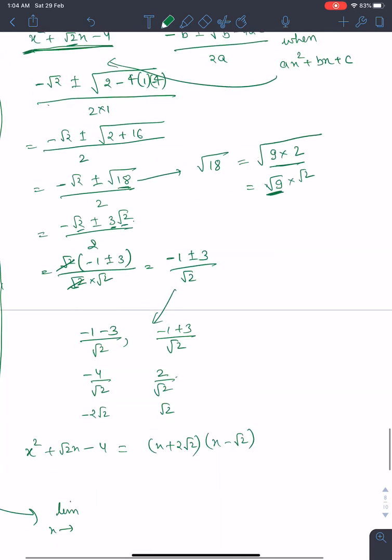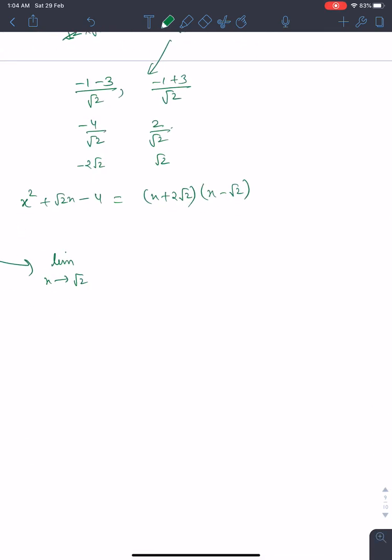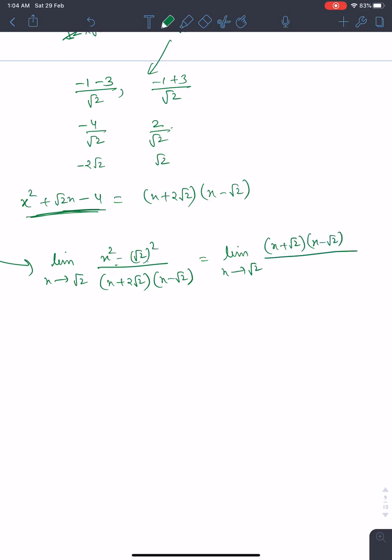Okay, so limit x tends to root 2, (x square minus root 2 whole square) upon this denominator, which can be written as (x + 2 root 2)(x - 2 root 2). Correct? So again further, limit x tends to root 2, a square minus b square becomes (x + root 2)(x - root 2) upon (x + 2 root 2)(x - root 2).